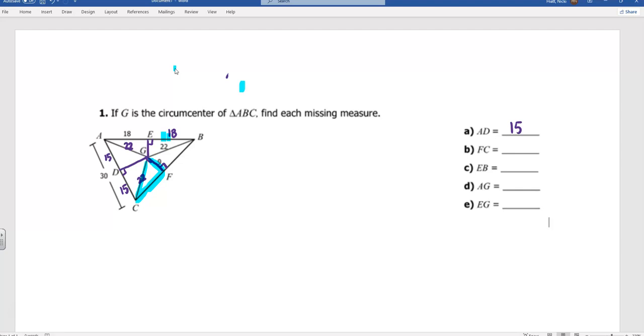It's not 18. I don't think it has to be 18. It does look like it's 18, but I don't think it has to be.